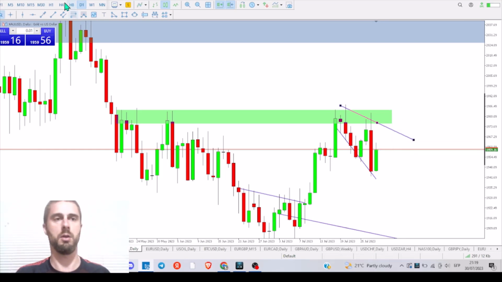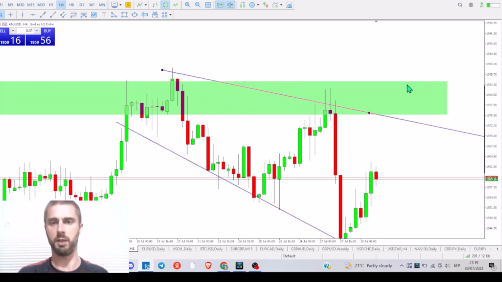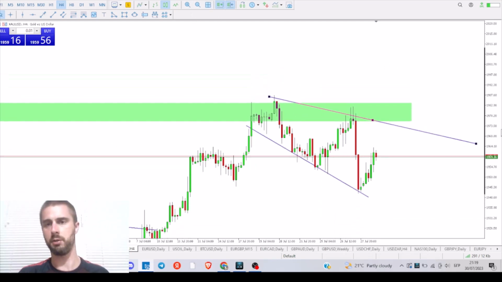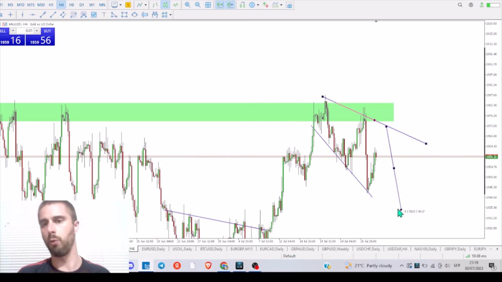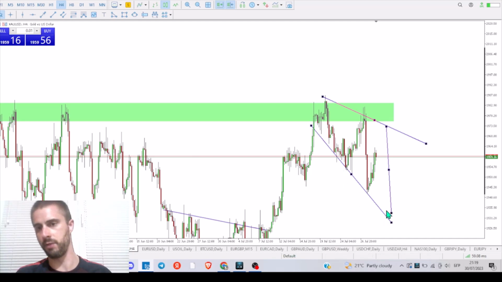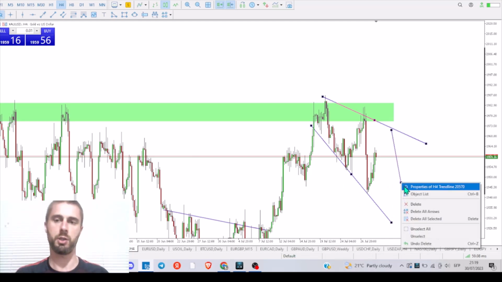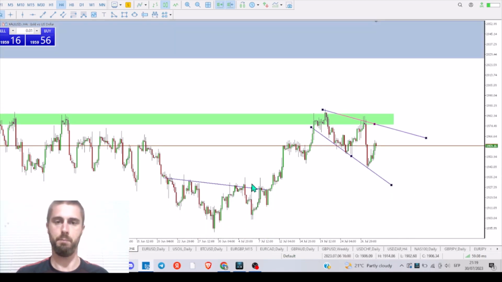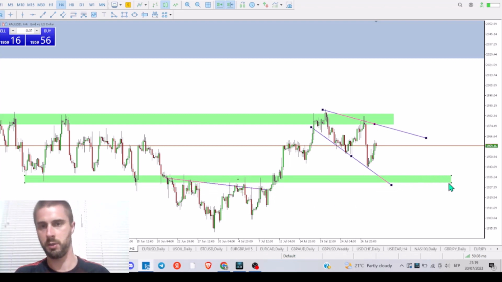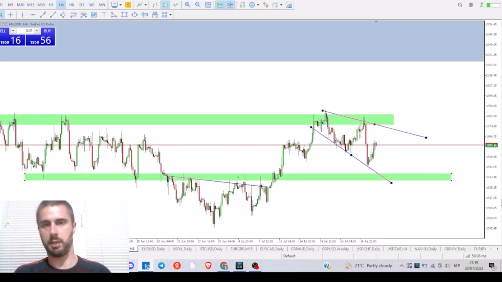So currently on the 4-hour chart we have something like an expansion wedge pattern. So if we break it bullish, then we can expect a new higher high. If we go bearish, then the next target should be the bottom of this wedge pattern, which is pretty stretched, so maybe this level of support right here. So let's draw it, and that's it.